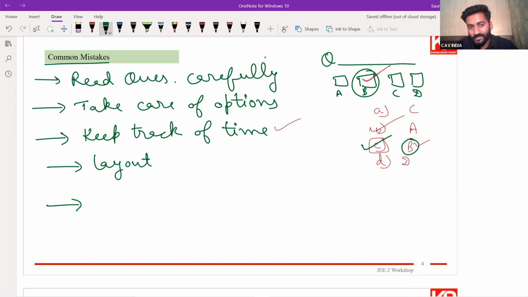Another part is, all these mistakes are there for the aptitude part or maths part. If we discuss the drawing part, a common mistake that students make is they try to achieve perfection in their drawing. But you will get limited time, and it would be very hard to achieve perfection.